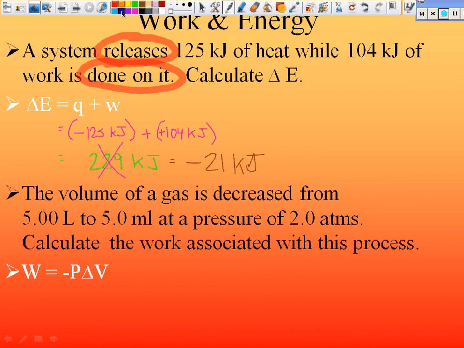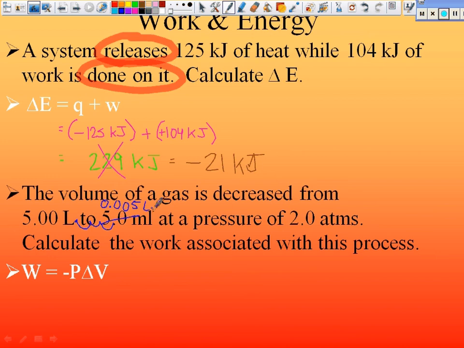Let's convert that to liters, which would be what? It's got to go three places to the left. 1, 2, 3. Now, that may be a little bit harder for you to figure out.